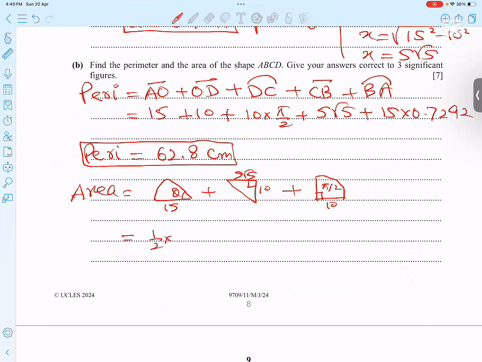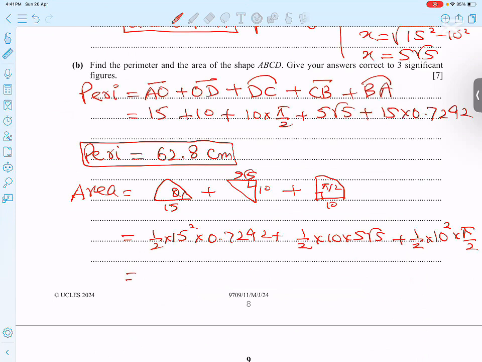Half r squared theta. Theta is 0.7292. What about here? Half into base into height. What about this? Half r squared theta. R squared, I mean, 10 to the power 2, theta is pi by 2. I think this is not hard to do further. If I check in the calculator, make sure every part is typed properly.